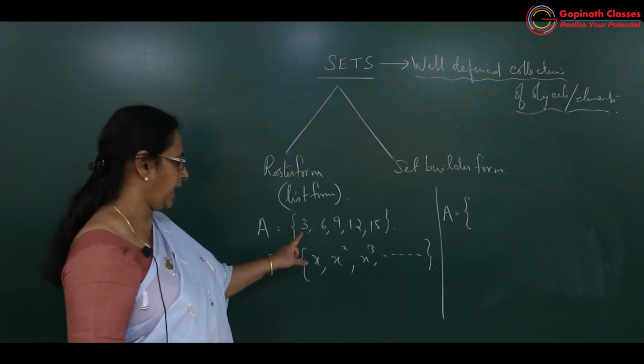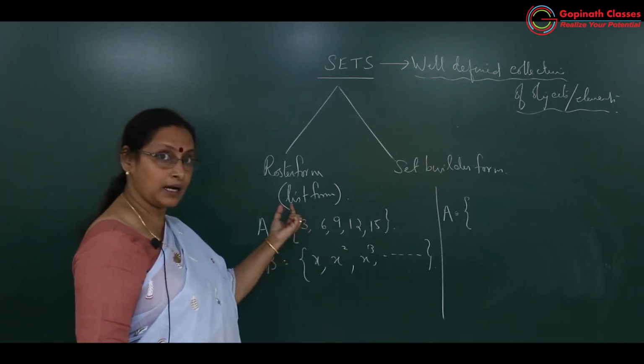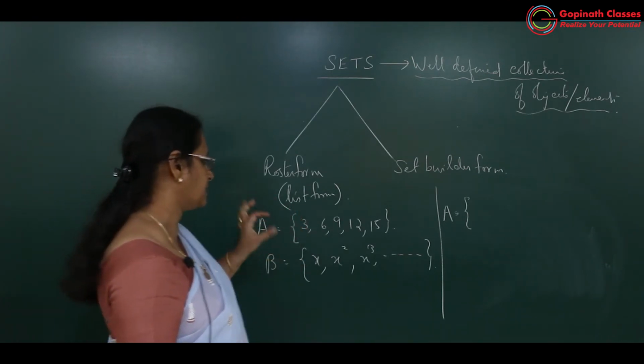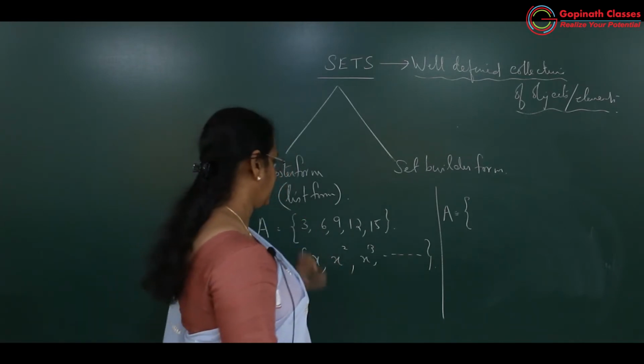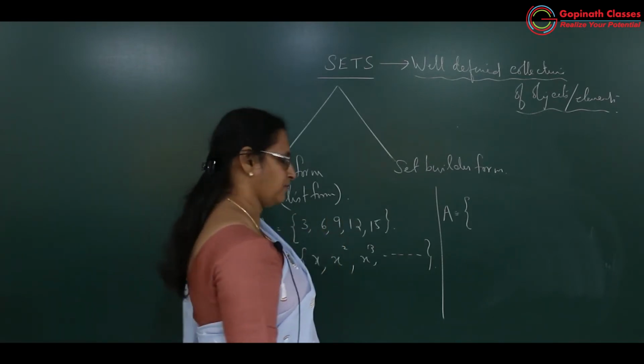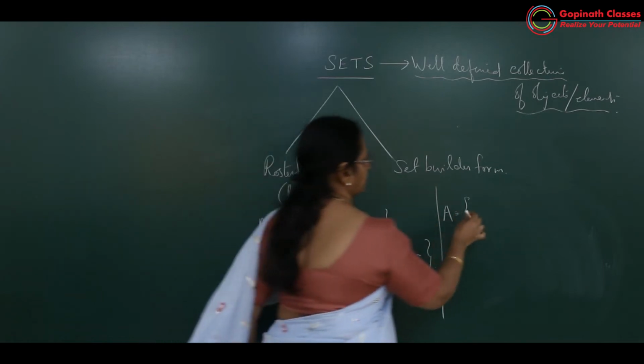You can say A, we will describe the property of an element. That means suppose it is 3, 6, 9, 12, 15, we will describe its property.